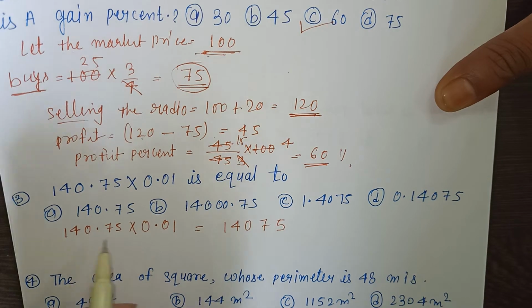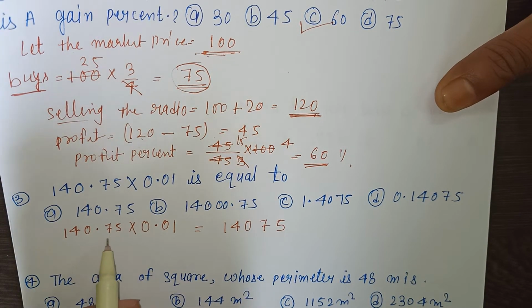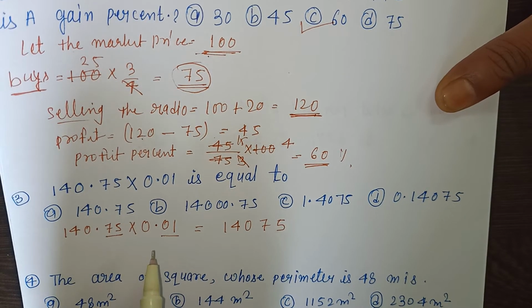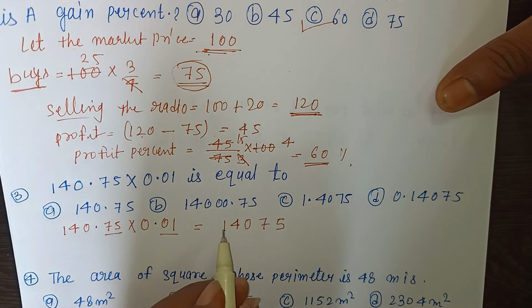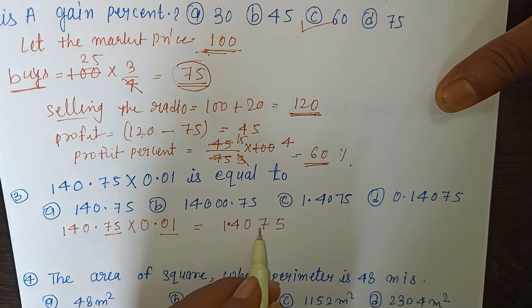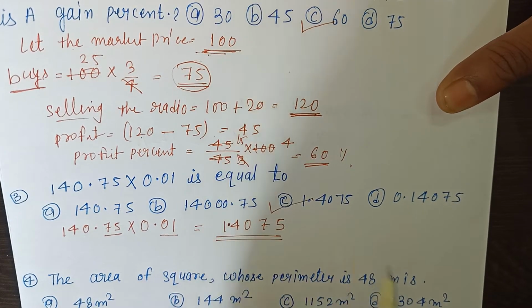Normally I will multiply by 1, then the same digits should come. Now I will put the decimal. Here are 2 digits before the decimal and here also 2 digits. So with 4 digits, I have to put the decimal here, after 1 2 3 4. So the answer will be option number C.